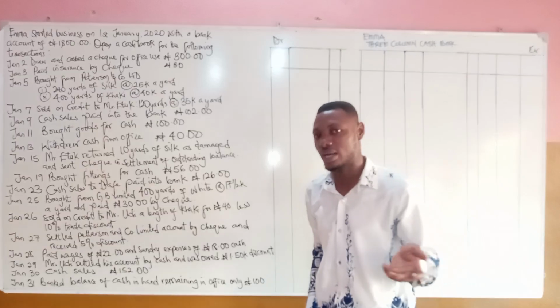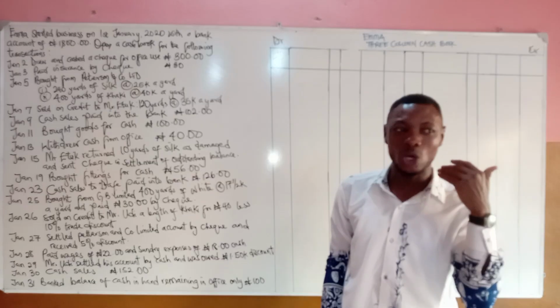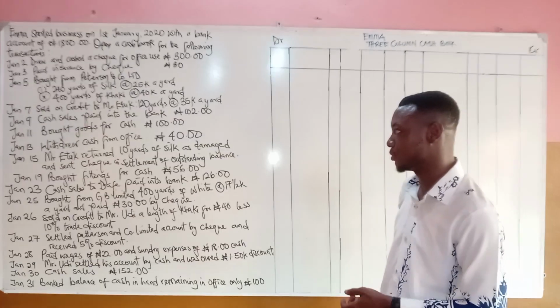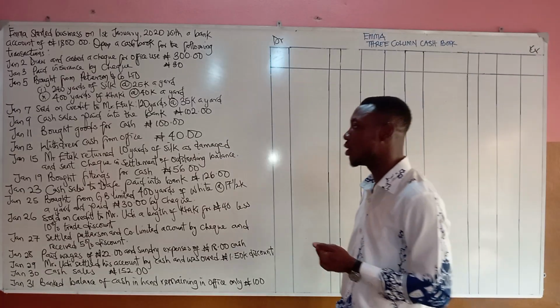We've done videos on cash book before. You can go back to our backlog to see some of the videos we've done on single column, double column cash book, and even three column cash book also.